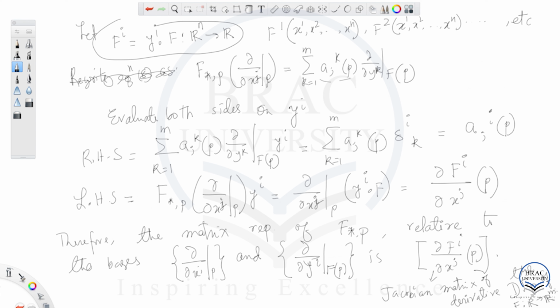Okay, the matrix representation of the differential, of course.